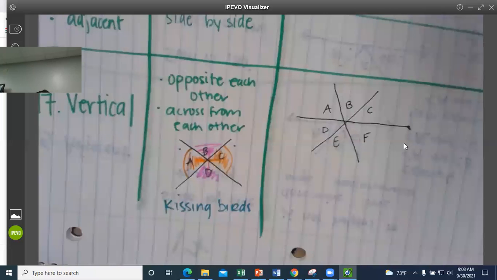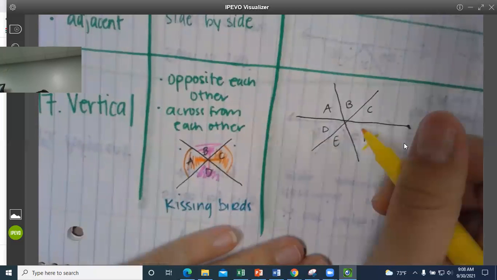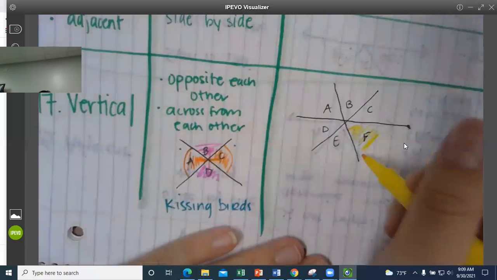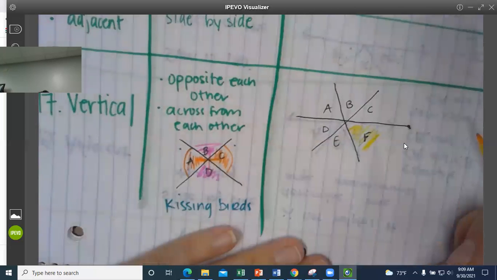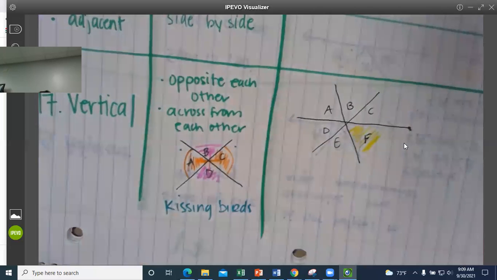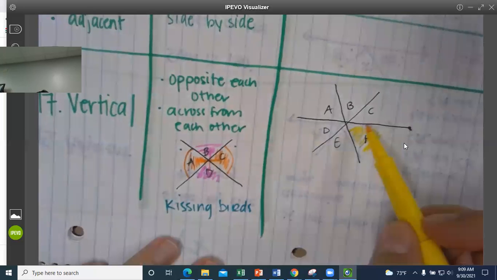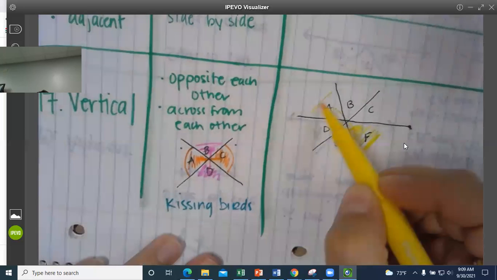So let's say we start with F. Okay, so kissing birds are like this. Hopefully you can see it right away. You don't have to tell me the answer, but can you raise your hand if you know which one's vertical to F? Only one. Okay, a couple of you. The one straight across from it, A.